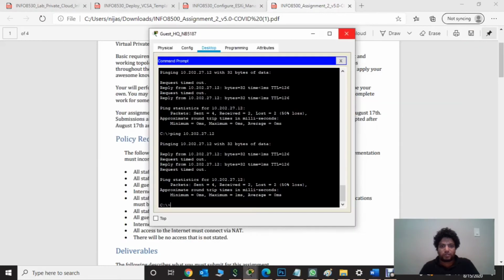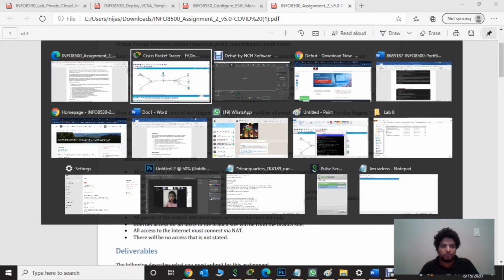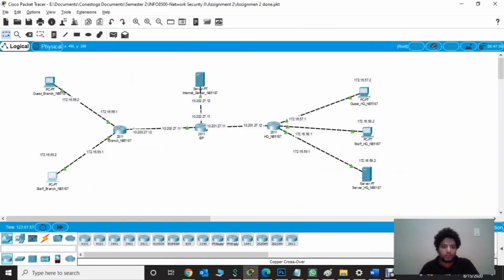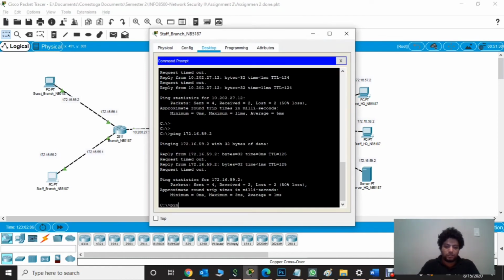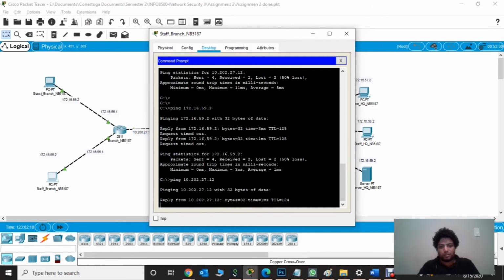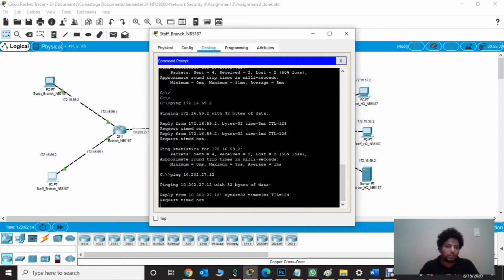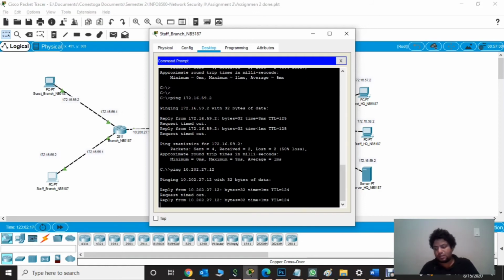In order to check the connectivity from the staff to the internet, I'm going to ping from the staff computer to this internet server. The IP address should be 10.200.2.27.12. I'm not waiting for this ping to be completed. As you can see, the ping has already started.